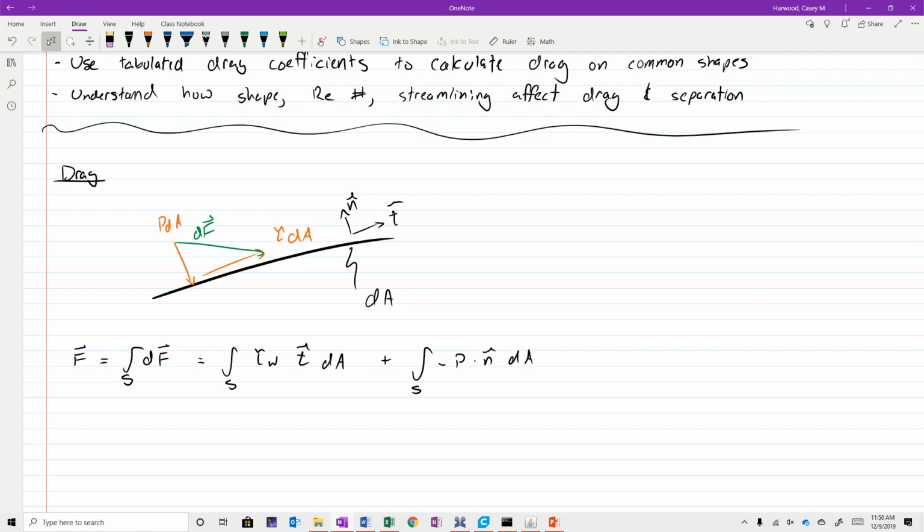And then we said that the tangential and the normal coordinates can each be written in terms of the x and the y components of a global xy coordinate system, right?